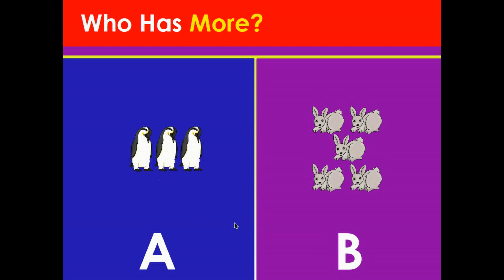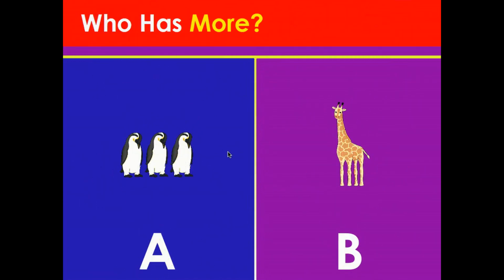The answer is B. Yes, in group B there are five rabbits. So B has more than A. So you can say A is less than B, or B is greater than A. And second, again, who has more? A or B? A, right? Because here you have three animals, here you have one.